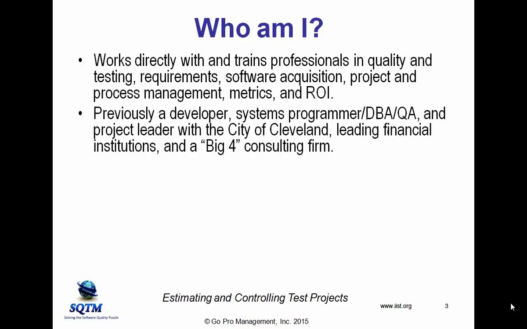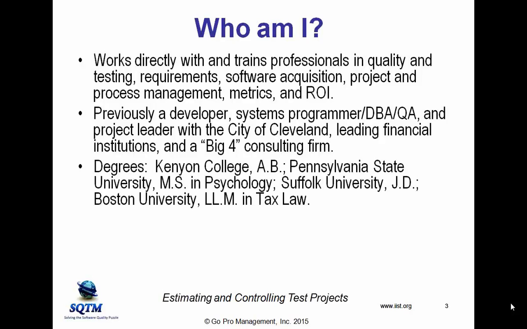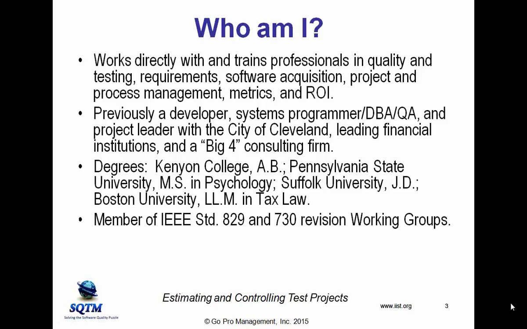Once upon a time, I did real work. A long time ago, I was very technical even, starting as a systems programmer and then branching out into more applications areas. I was a member of two working groups that developed current revisions of IEEE standards, 829 for software test documentation, and the more recent one, 730, on software quality assurance.